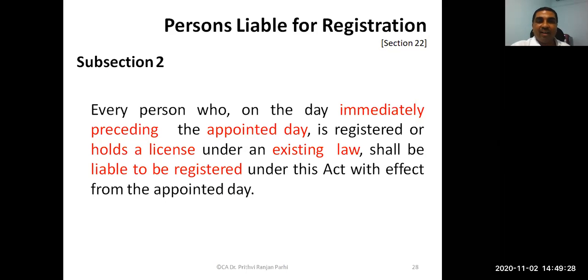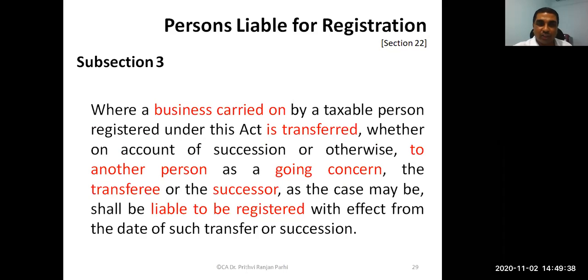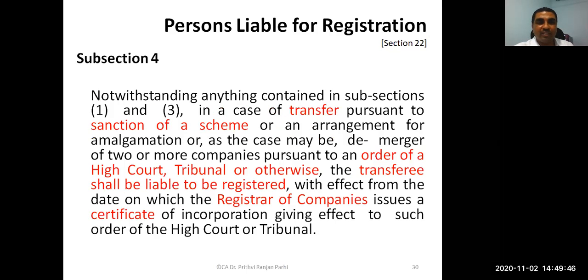Subsection 2 specifies that if a particular person is already registered under some existing law, he shall also be liable to be registered. This concept was discussed earlier. And also, when the business is transferred on a going concern basis, the successor is also liable to be registered.